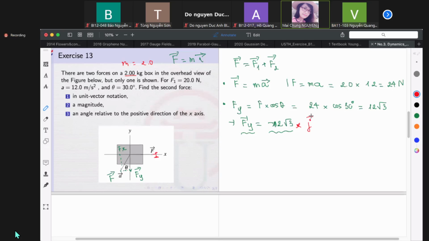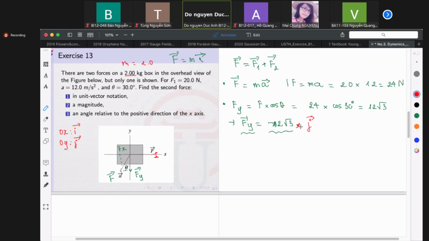We use i and j, the unit vectors of the horizontal and vertical axes, right? Don't forget in the system of axes, we use two unit vectors i and j. i is the unit vector of the OX and j is the unit vector of the OY. So to show the vector on the OY, we take the magnitude multiplied by the unit vector j. Do you agree? Yes.